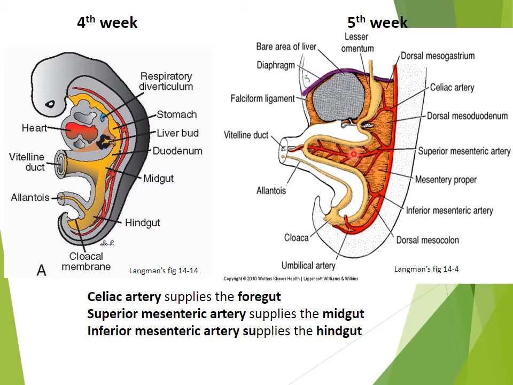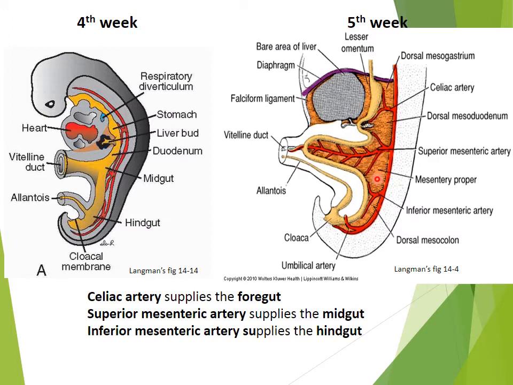Only dorsally, from the distal aspect of the duodenum till the hindgut, the gut is suspended from the dorsal body wall through the dorsal mesentery. It persists, but later on you will see what is going to happen to this dorsal mesentery also.